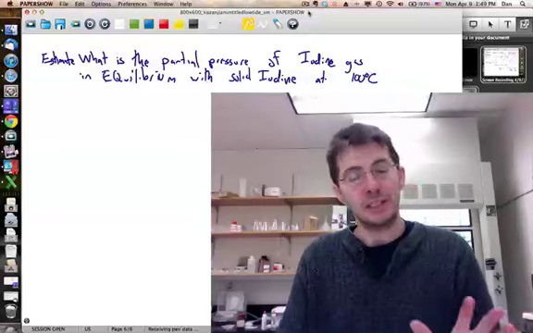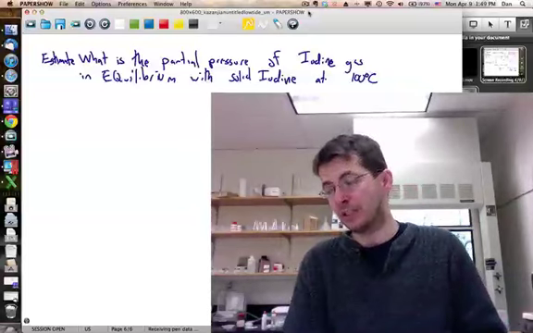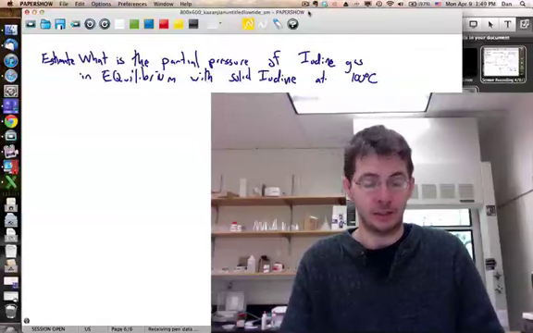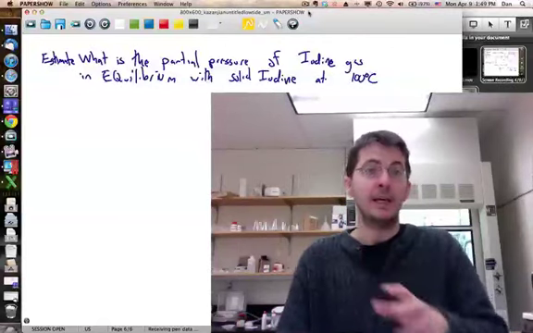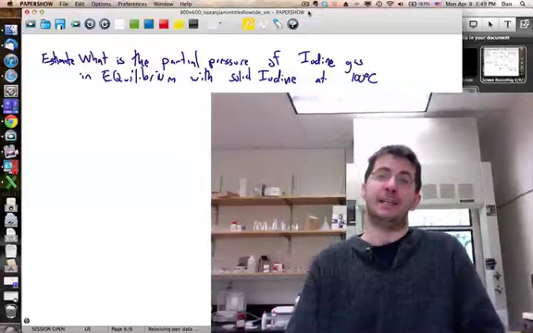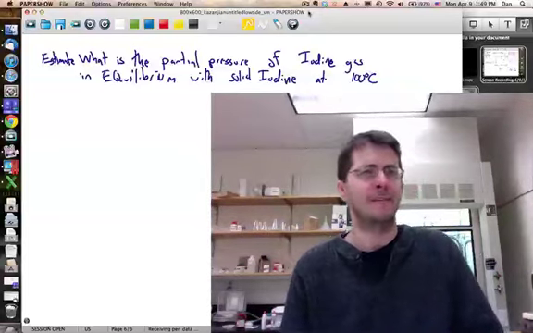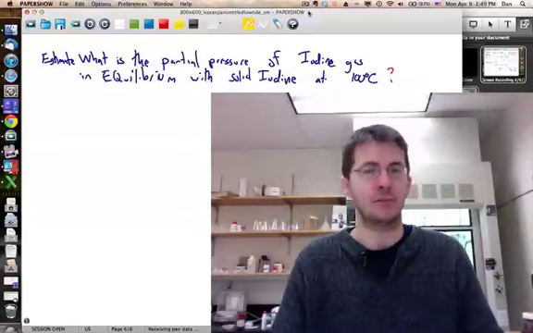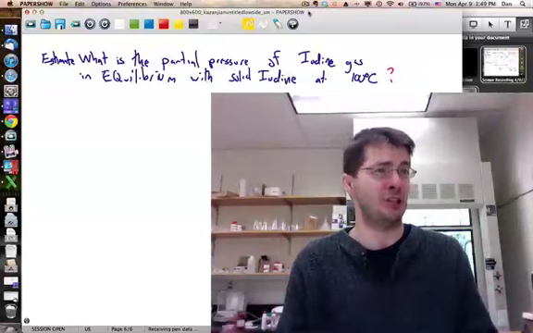How do we use this Gibbs free energy equation under non-standard state conditions? All right, so let's take a look at a problem. Estimate what the partial pressure of iodine gas is in equilibrium with solid iodine at 100 degrees centigrade. This is the prototypical hard chemistry problem. It's hard because there's no information present.